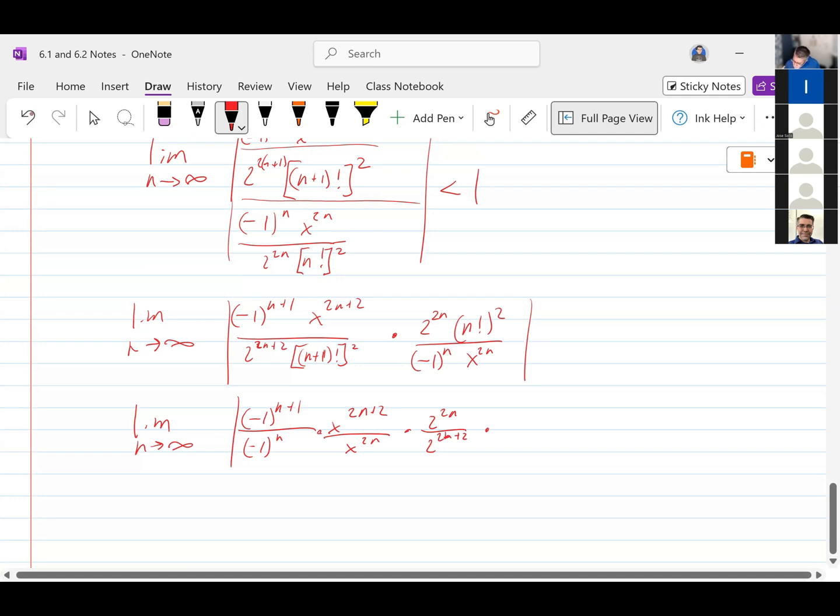And then we're going to have n factorial squared over (n+1) factorial squared.